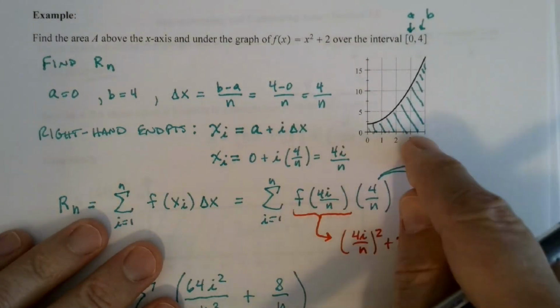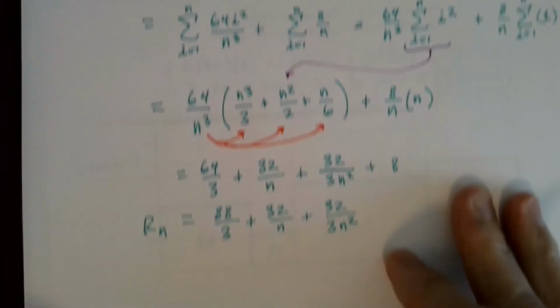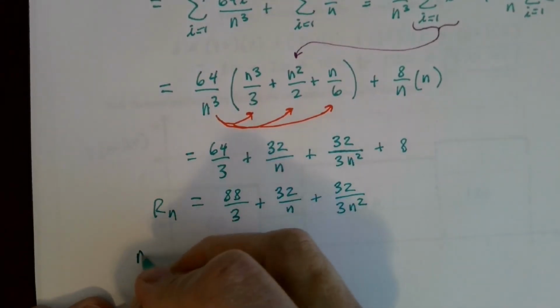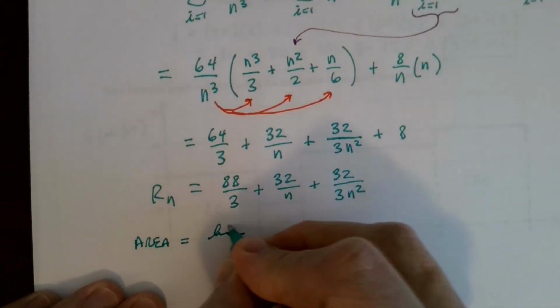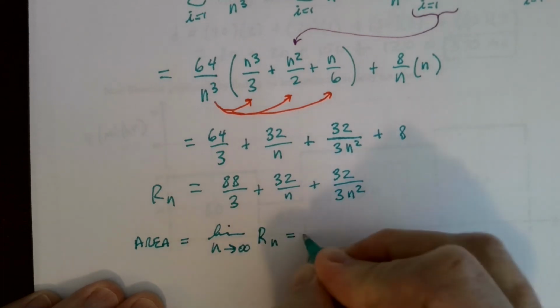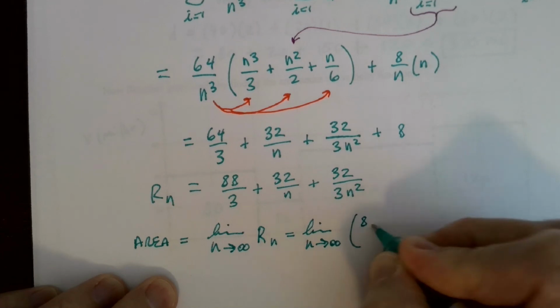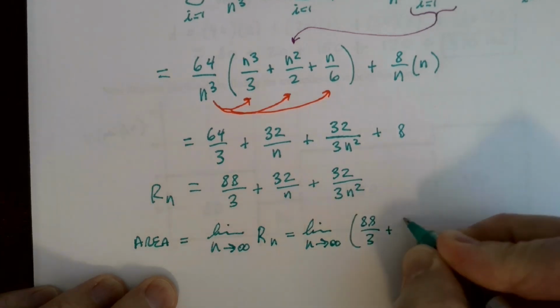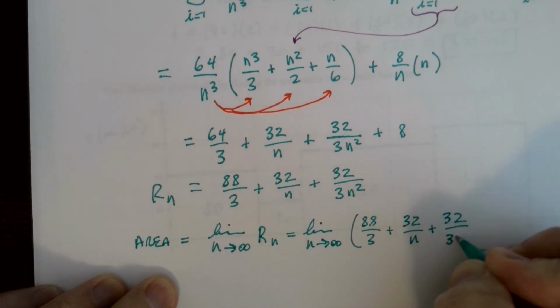In other words, it's above the x-axis. So when we take the limit, we're going to get this actual area. And so here it is. The area under the curve is equal to the limit as n goes to infinity of this, which is the limit as n goes to infinity of 88 thirds plus 32 over n plus 32 over 3n squared.